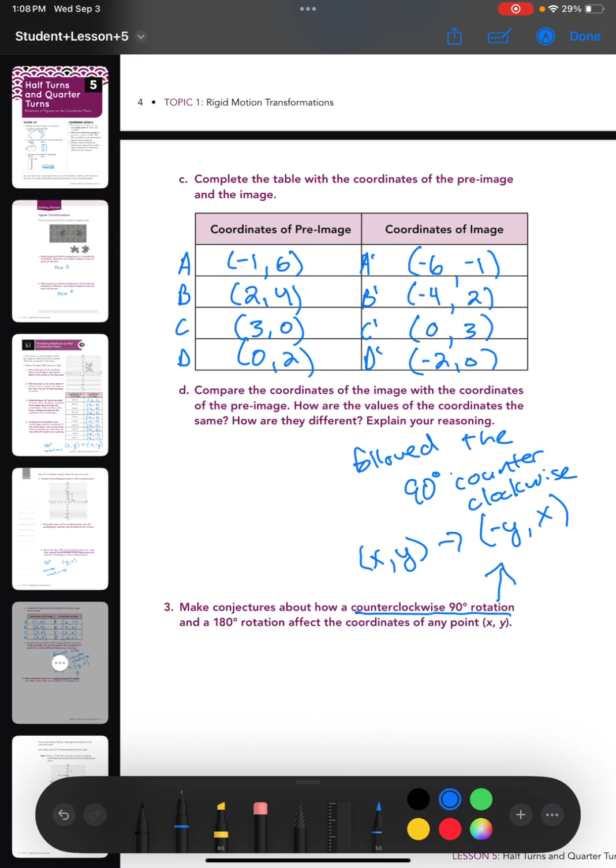A 180-degree rotation is going to follow the rule we talked about, I think two pages ago. (x, y) simply becomes (-x, -y), because 180 degrees rotates completely around in a line to the other side. So there would be our rule for a 180-degree rotation. And again, the 90-degree counterclockwise is the one right above there that we just wrote.